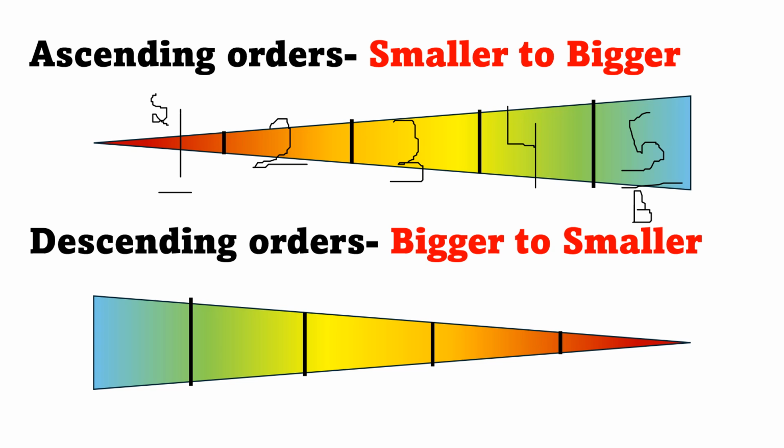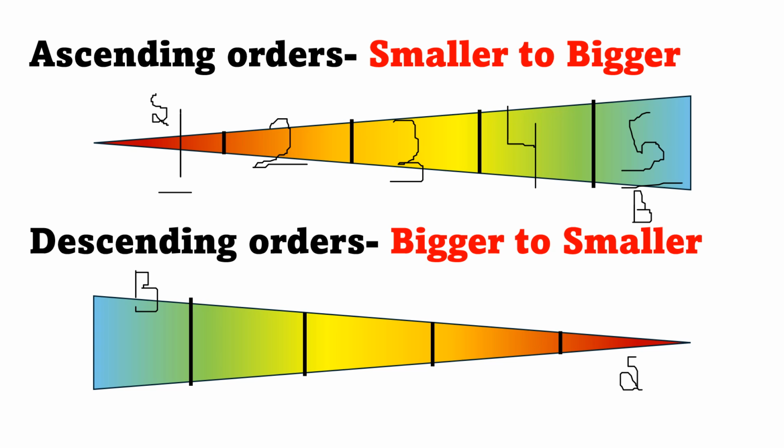So now let's do the same in this one also. As earlier said, the blue one is the bigger, so let's name it as B. And the red one is the smaller, so we will name it as S. Now let's start from the back.